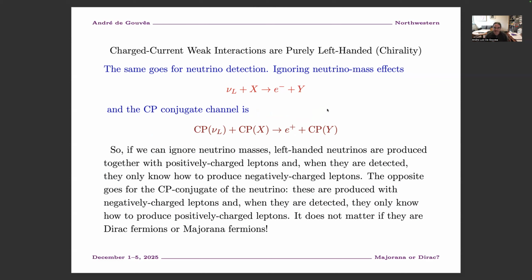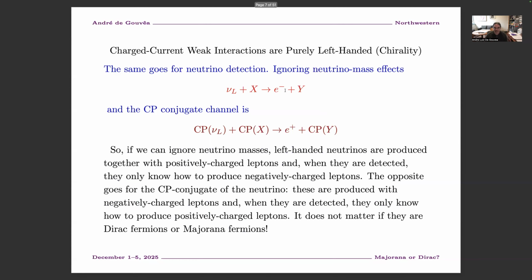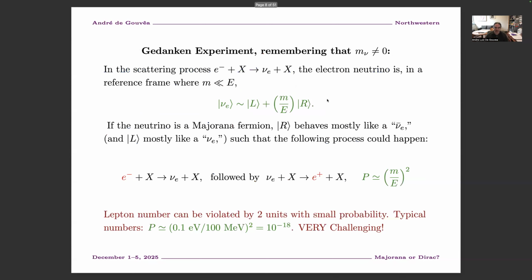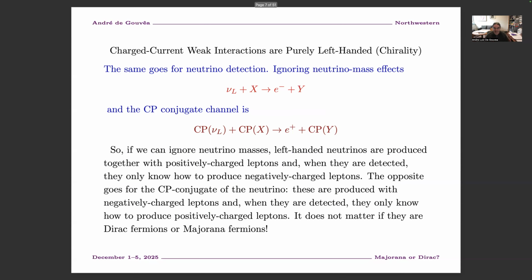So whenever you have neutrino production and detection, every time you produce what we normally call the neutrino, that will be a left-handed state. Every time that state hits something, the weak interactions associated to it will produce electrons. And if you talk about the CP conjugate of that process, it will produce a right-handed state, which we often call the antineutrino. That state will interact via the weak interactions and only knows how to produce positrons.